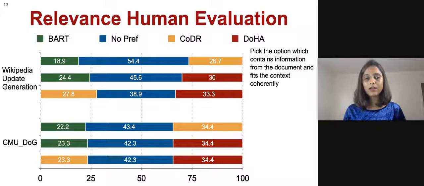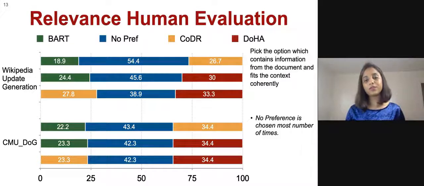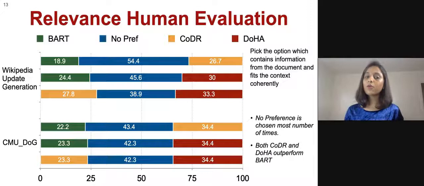This is done using A/B testing on Amazon Mechanical Turk, and what we observe is that the no preference option is chosen the most number of times, but both Coder and Doha outperform BART significantly on both these tasks.